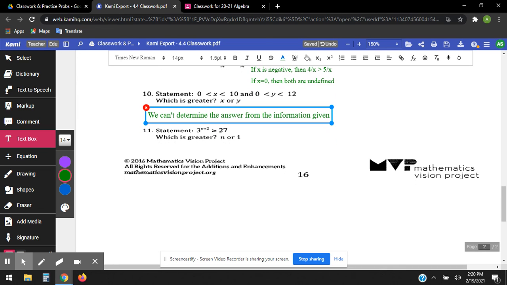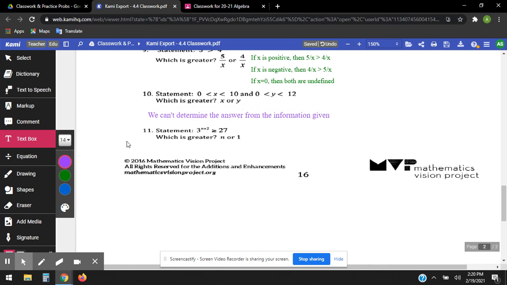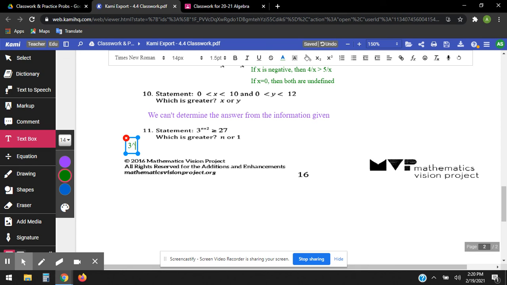Last one, 11. Which is greater, n or 1? Well, if I substitute that 1 in, so 3 to the, say, 1 plus 2 power, well, that's 3 to the third, which actually equals 27.